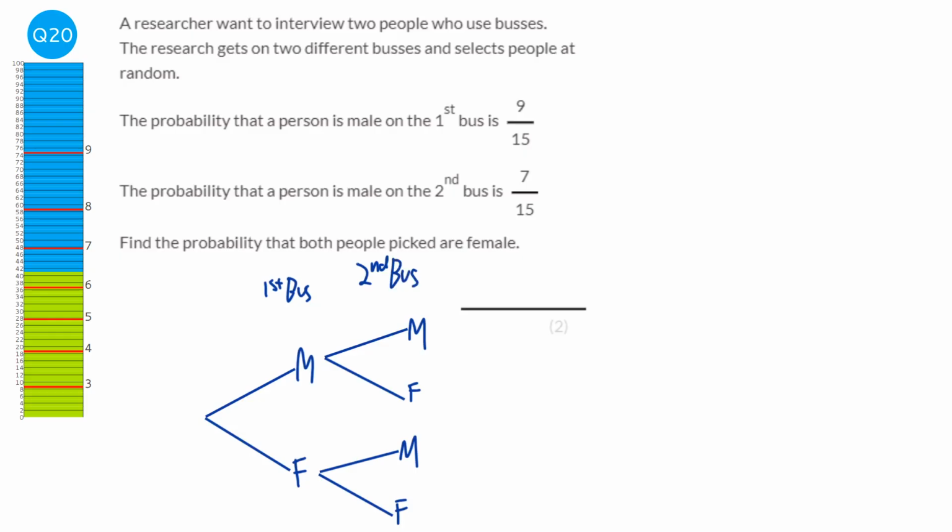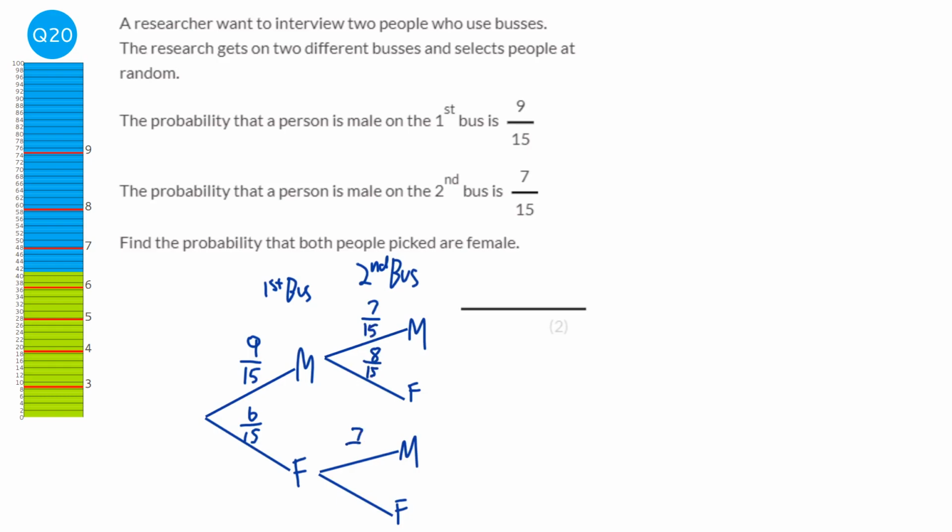So the probability of male on the first bus is 9 over 15. And therefore the probability of female is 1 minus 9 over 15, which would be 6 over 15. Male on the second bus is 7 over 15, and so female would be 8 over 15, because they need to add up to 1.